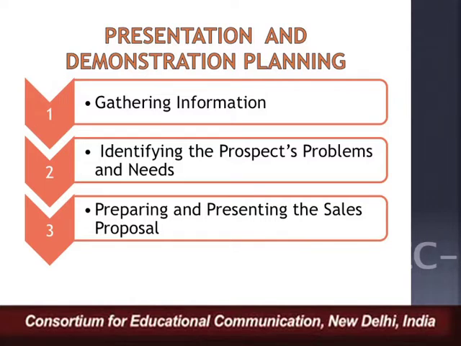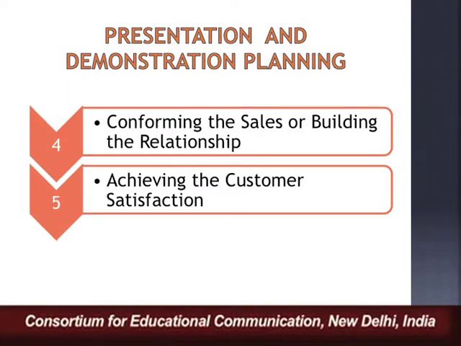The first one begins with gathering the information, identifying the prospect's problems and needs, planning and presenting the sales proposal, confirming the sales or the relationship, building the relationship, and finally achieving customer satisfaction.